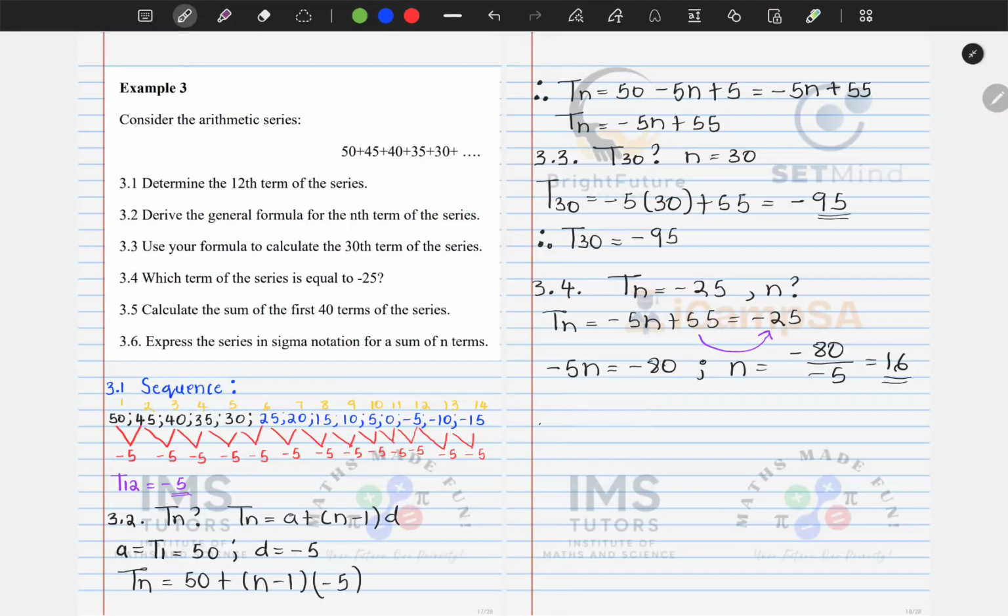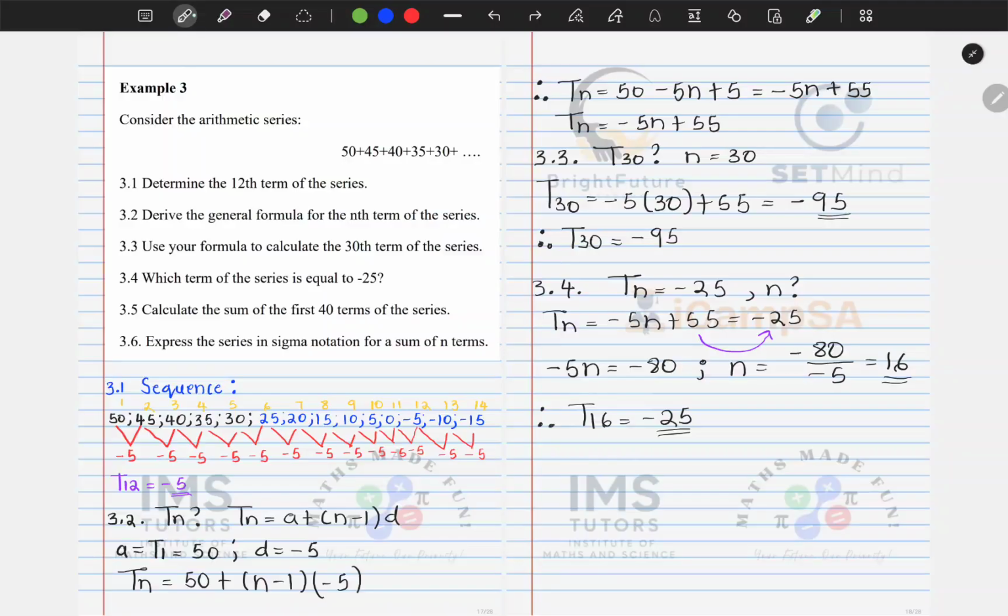So what does this mean? This means that it is term 16 that will give us minus 25. You can carry on from here. If you do the subtraction, you will get minus 20, and then do one more, you will get minus 25, which indeed will be T16.